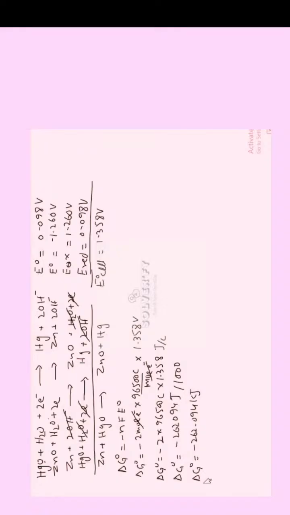Now to calculate the K for the reaction, we know that E naught of the cell is equal to 0.0592 divided by n into log of K, or K is equal to antilog of E naught into n divided by 0.0592.